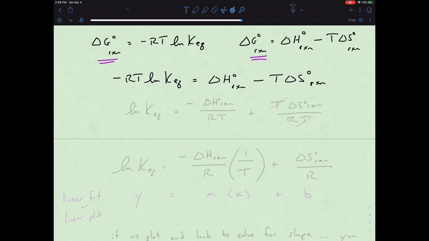And so we can expand upon that a little bit more by moving our temperature around.